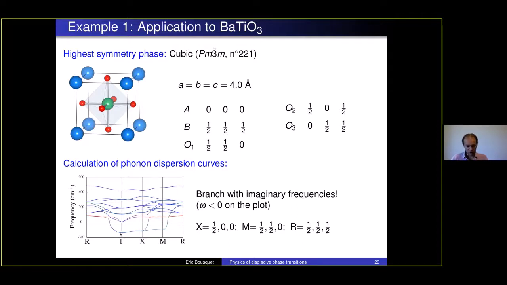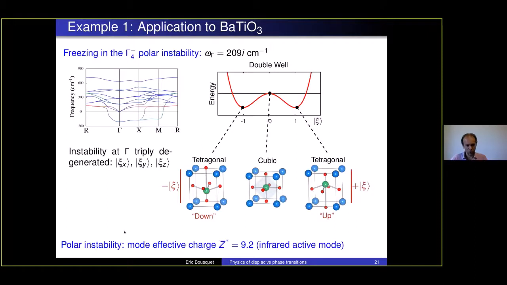And then if you look carefully now at the gamma point, let's analyze the gamma point instability. You find that it is a polar instability, meaning the mode is polar, is infrared active, if you prefer. And the symmetry of the modes is going to be given by Maël Guénou in his lecture, on how to identify the symmetries of the phonons and so on.